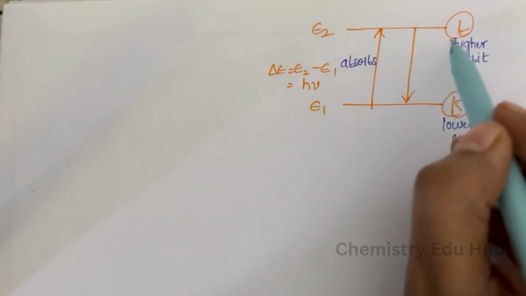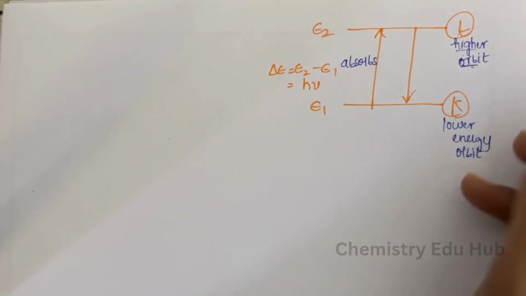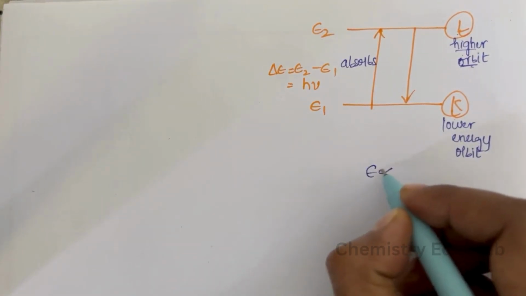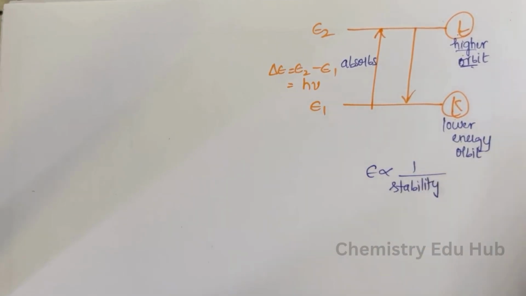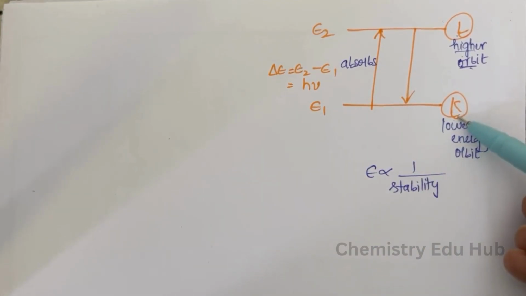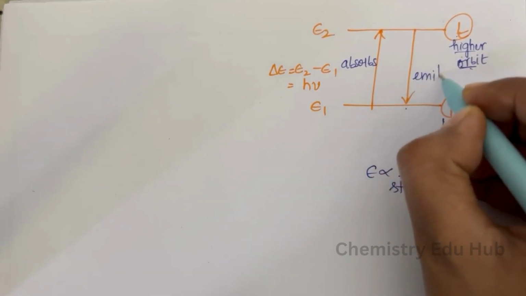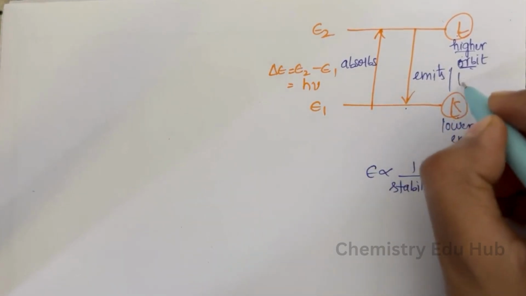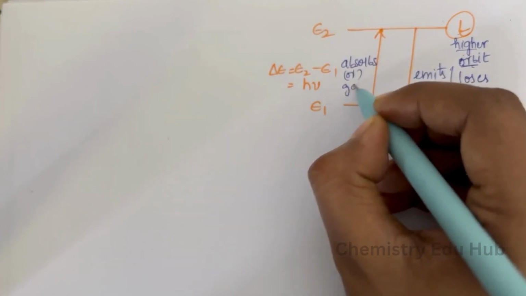And at higher energy orbit, it is unstable because energy and stability are inversely proportional. So hence, the electron has to come down to the lower energy orbit. So while it is coming down, it emits energy or it loses energy.